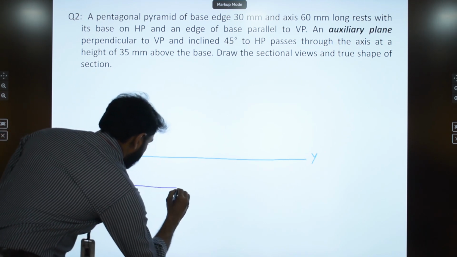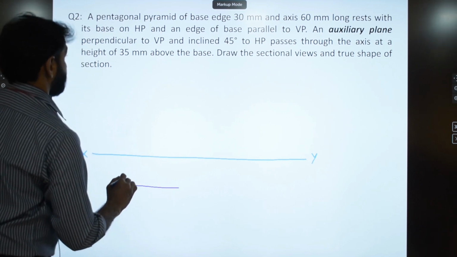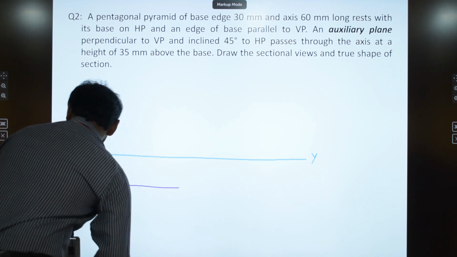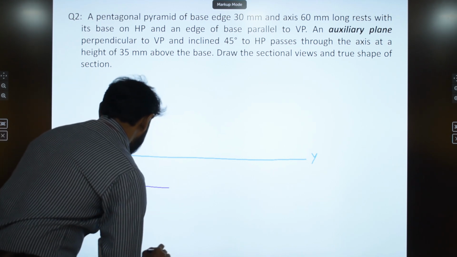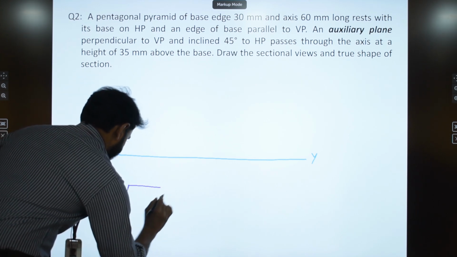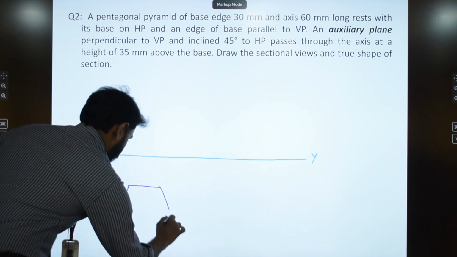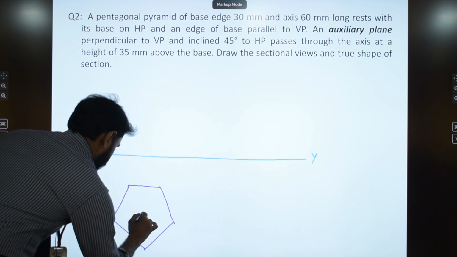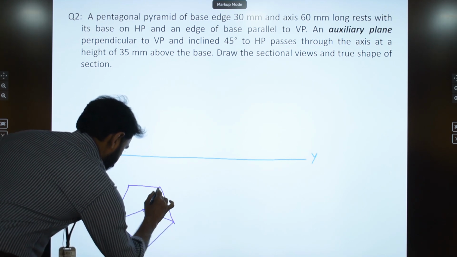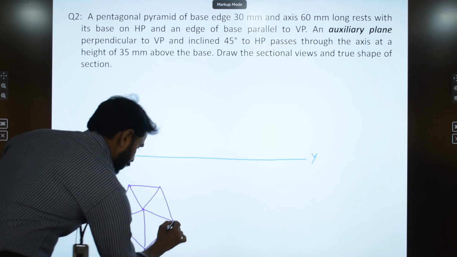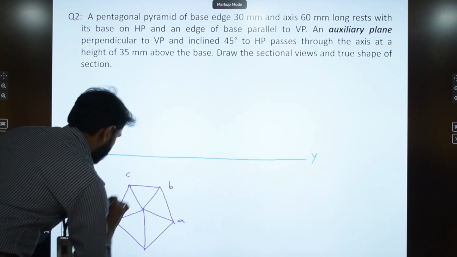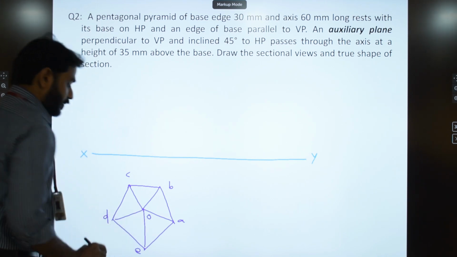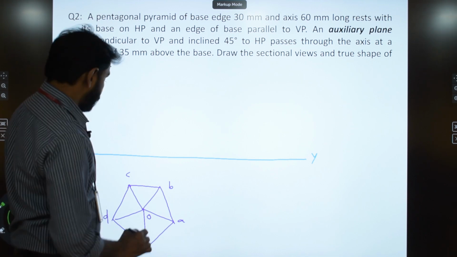So you start from here. Now I mark the corners A, B, C, D and E. There are 5 base corners and an apex O. So this is the top view of the pentagonal pyramid.